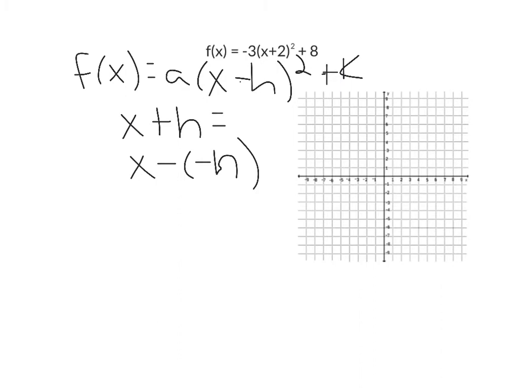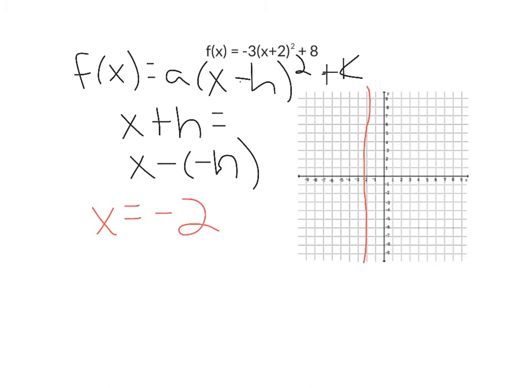So in this case, since I see plus 2, my axis of symmetry is really the line x = -2. If I see a plus inside the parentheses, again, remember that means I was subtracting a negative. Therefore, my axis of symmetry will be a negative value.